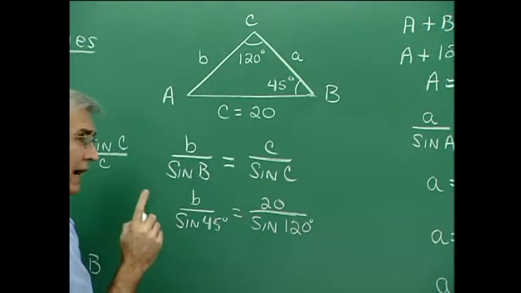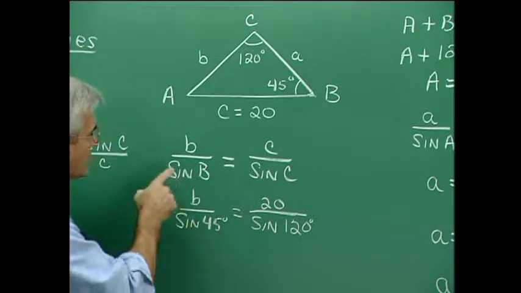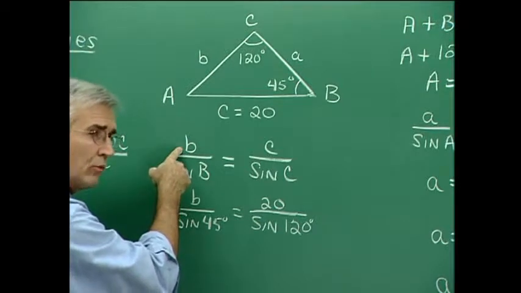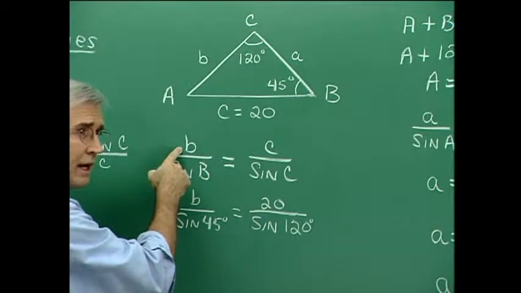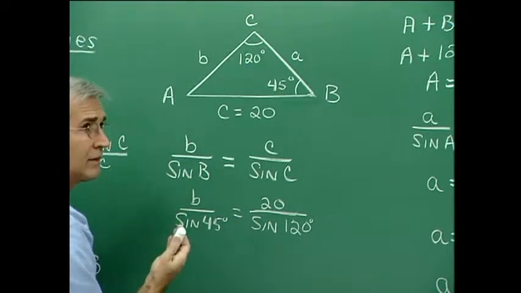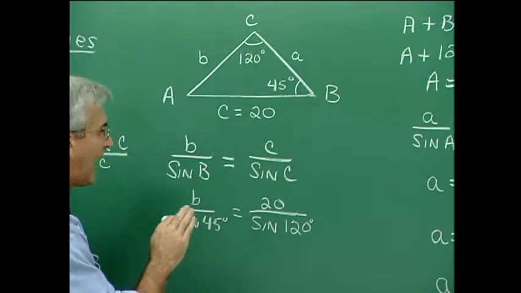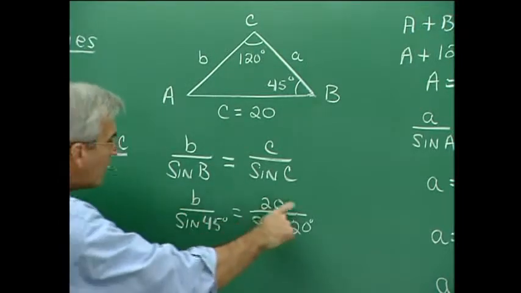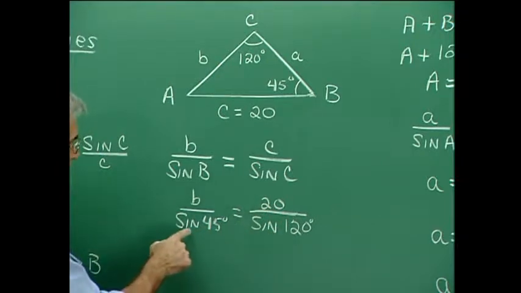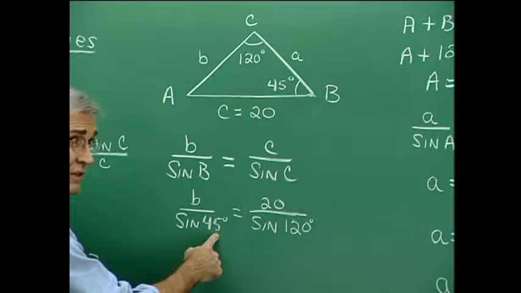I set the problem up so that the unknown quantity was in the numerator of the first fraction. You get a little bit of mileage out of doing that algebraically, because when you go to solve this, all you have to do is multiply on both sides by this denominator, this sine of 45 degrees in this case.